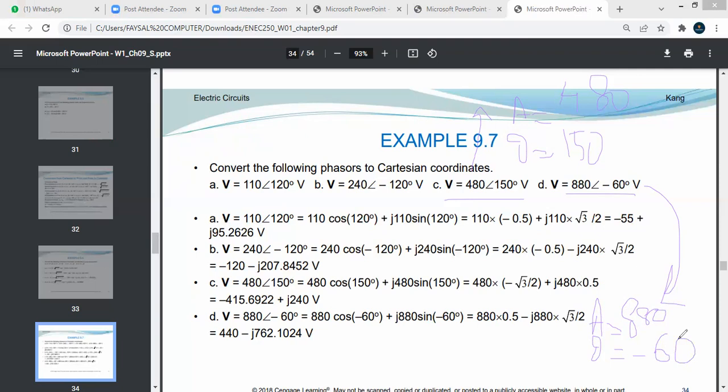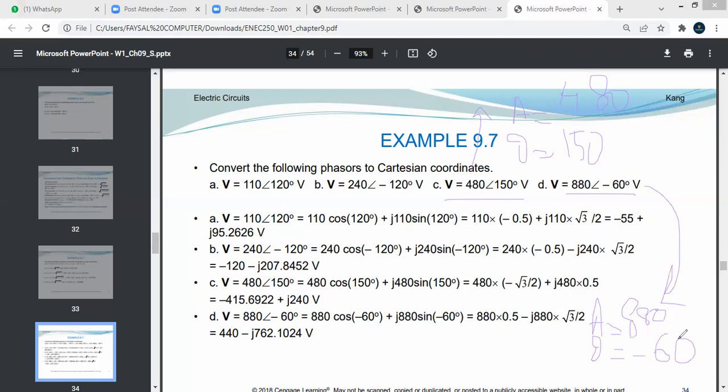So in this part, I am just summarizing example 9.7. To convert my phasors to Cartesian components, first you have to identify two things: the value of A and theta. Then you put them in your complex number.